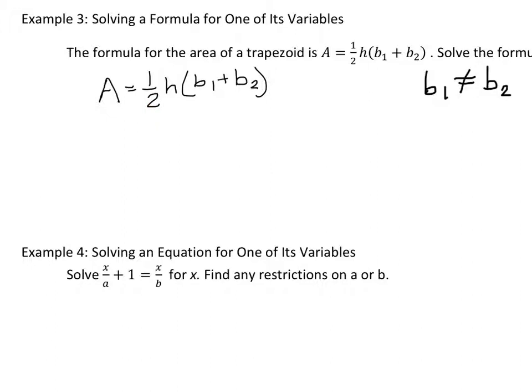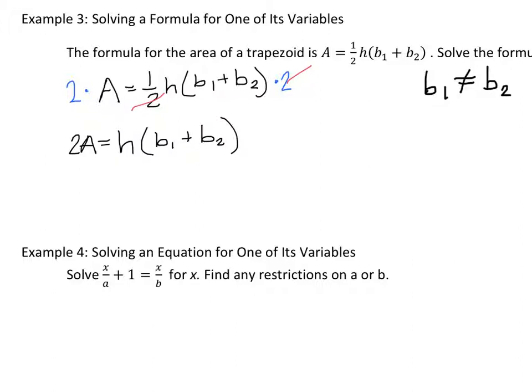So we're going to multiply by 2. We're going to multiply by the reciprocal. You're right. If we multiply the right side by 2, got to multiply the left side by 2. So we have 2A equals, oops, I don't need that 1/2 anymore because they canceled. 2A equals h times (b1 plus b2).